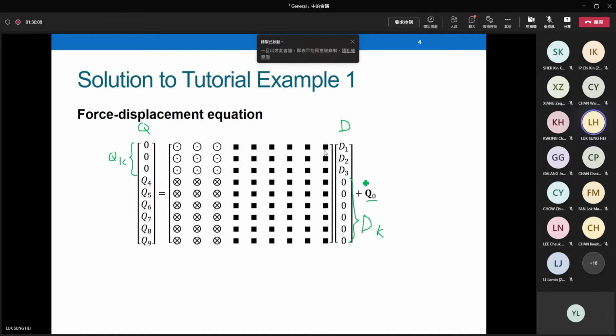But from these symbolic equations, I can see that column 4, column 5, column 6, column 7, column 8, column 9 are always multiplied by 0. So for these 6 columns, you don't need to know their numbers because they are irrelevant to your calculations.